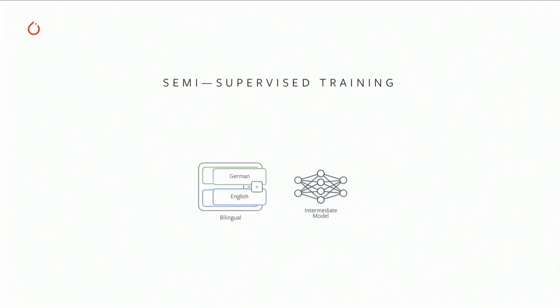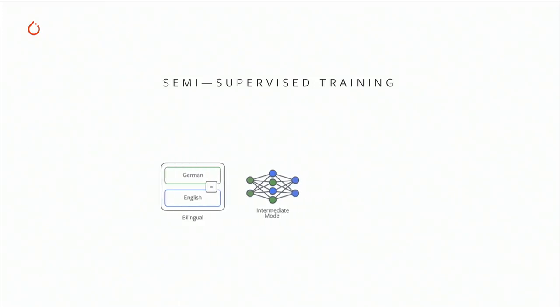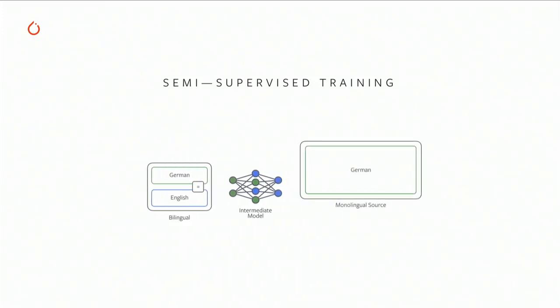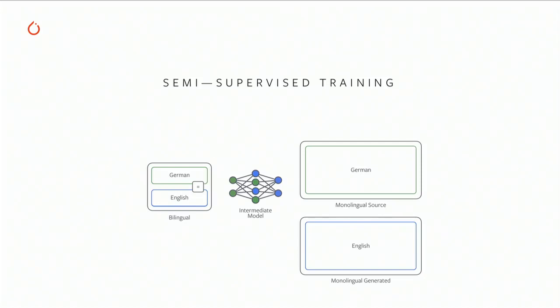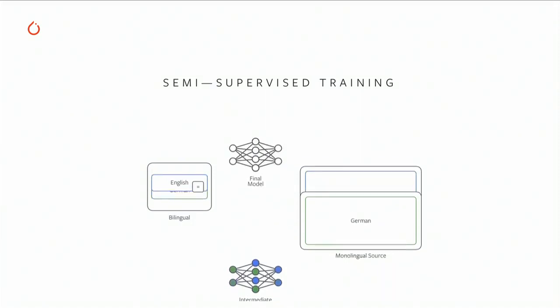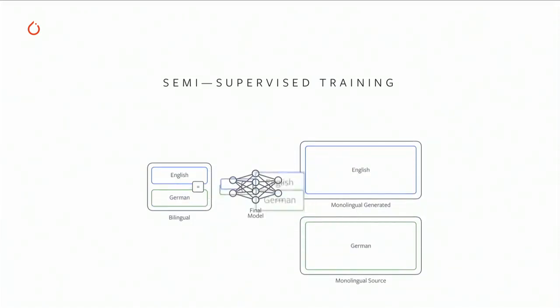You train an intermediate model, and then you use that model to translate a large German data set into English, for which you have no translations. So at that point, you actually have that large data set in German, also in English. And then you simply swap the direction again to the one you originally wanted to translate, which is from English to German, and you train a combined system with all that data.